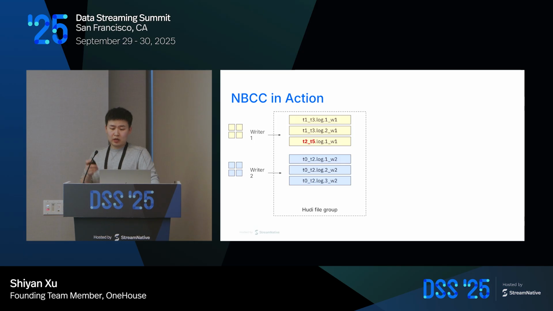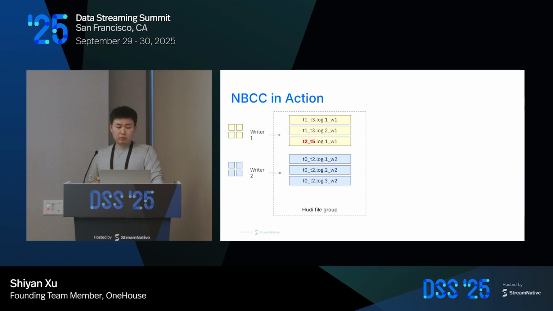For instance, on the other side of this example, the log file that completed at T5, which is highlighted in red, with starting T2 and end as T5, will not be included for this compaction, although it was started at T2.